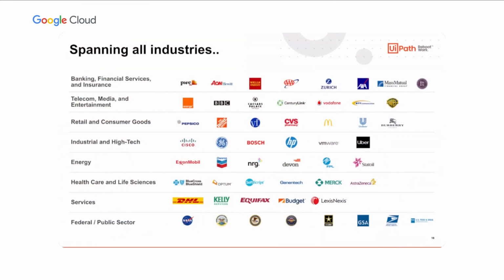And it's going really well for us. We have companies across many industries, you can see from banking all the way to the public sector, using RPA to address use cases that are common. So every company under the hood has a set of things that they need to accomplish. We all have an HR department, we all have finance, we need to do payroll. And we've seen these companies and many more leveraging RPA to solve those use cases, but we also see them using RPA for things that are very industry specific.